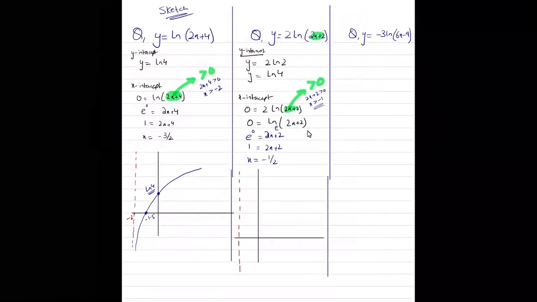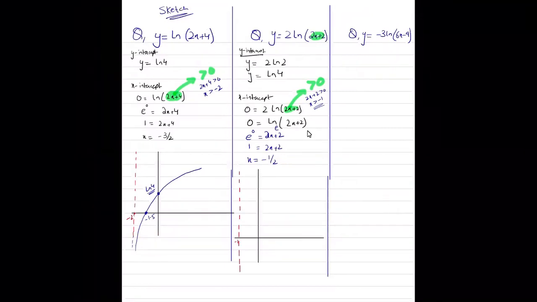So this is minus 1. Minus half is over here. The x-intercept is going to be minus half. And the y-intercept is going to be ln 4.